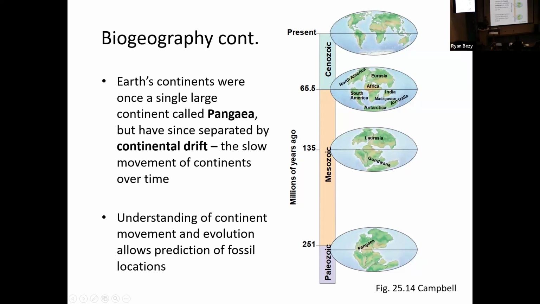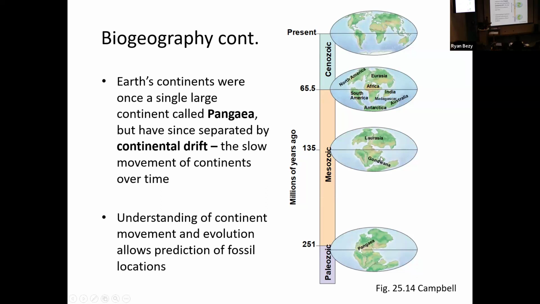Our understanding of continental movement has allowed us to predict things like fossil locations. During dinosaur times, South America and Africa were joined together. And in fact, we find fossils of the same species of dinosaur in South America and Africa.